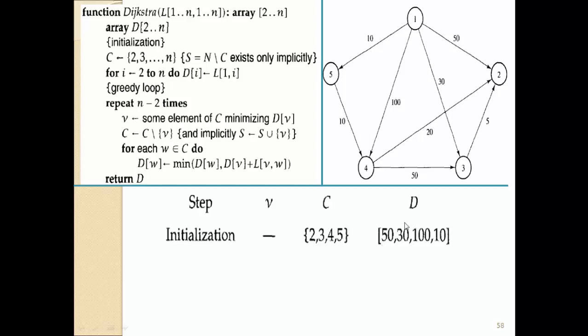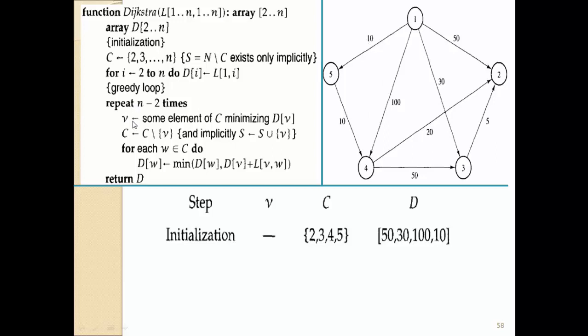In our D we have the lengths of 1 to 2, 1 to 3, 1 to 4 and 1 to 5, so we have to identify the minimum out of these 4. So 10 is the minimum, and the corresponding node is 5. So 1 to 5 and the length is 10.